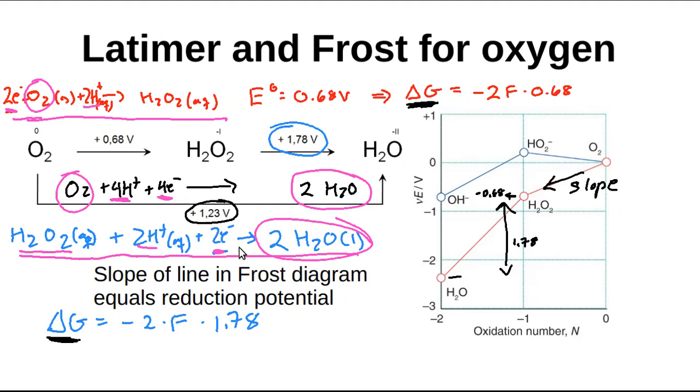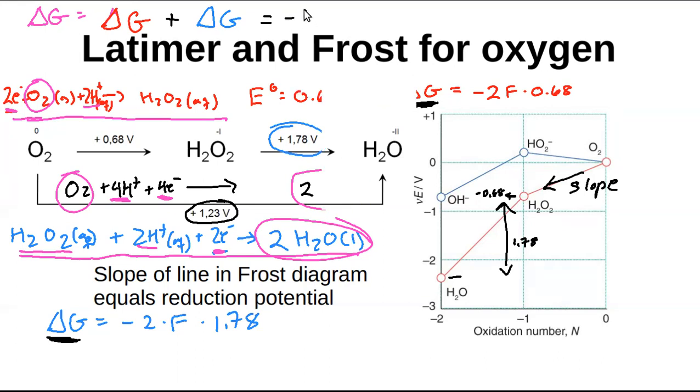So it seems that this delta G is the sum of the red delta G plus the blue delta G, which is equal to minus 2F times 0.68 volts here.